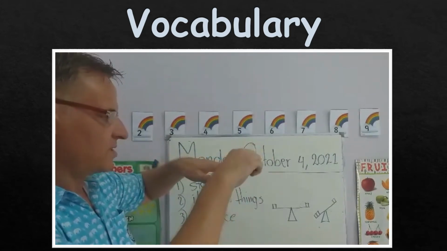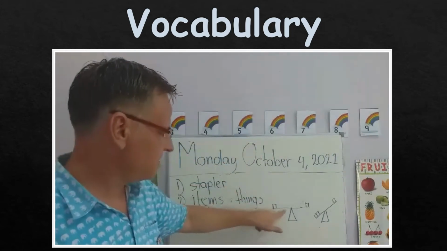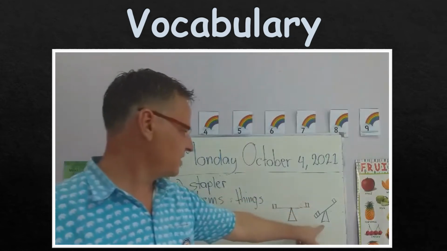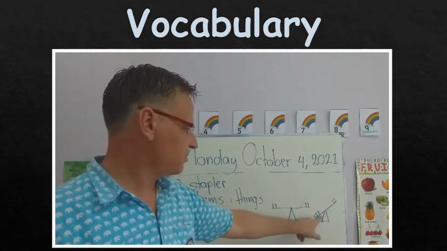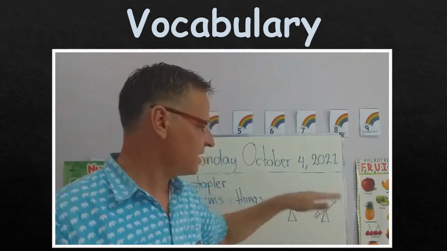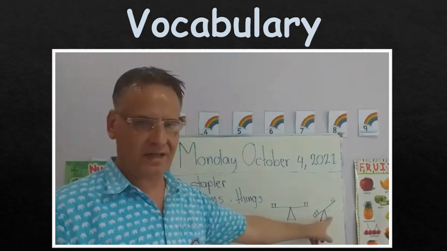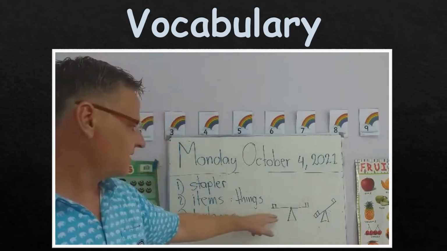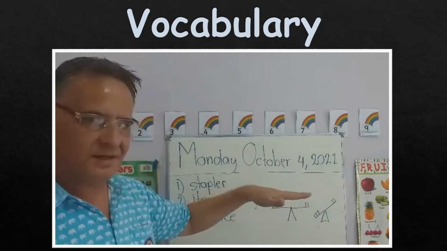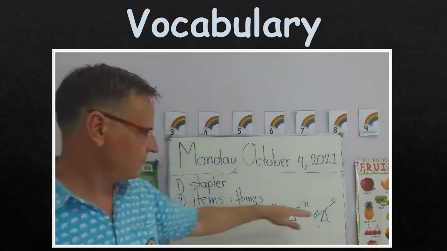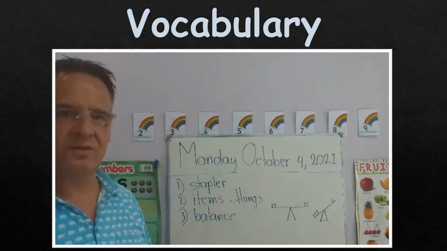Because there's as much weight here as there. Same, so it will not move. But this one here, look, there's two on this side and only one there. So now it will tilt. This is out of balance. So balance means it is even. And when it's out of balance, it means it's not even, it is slanting to one side.